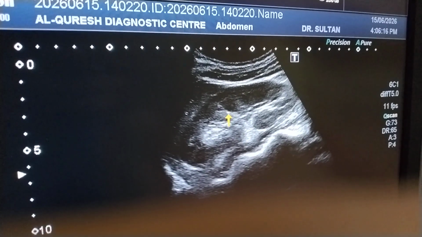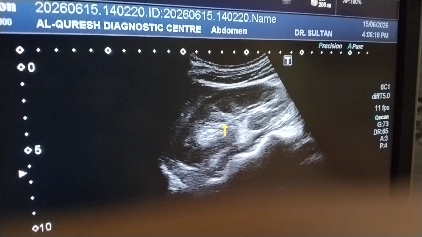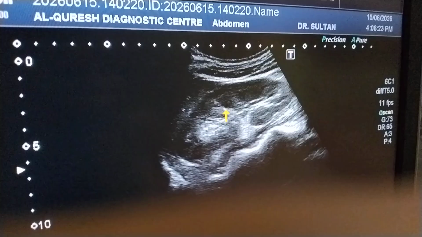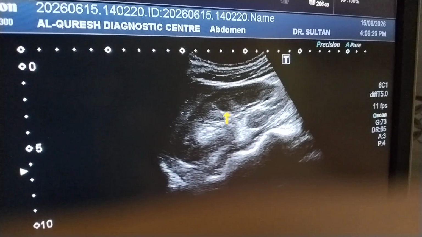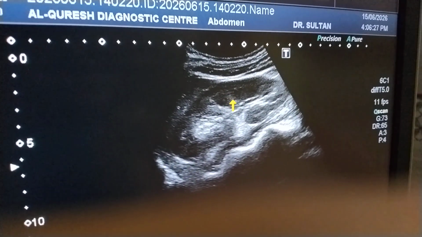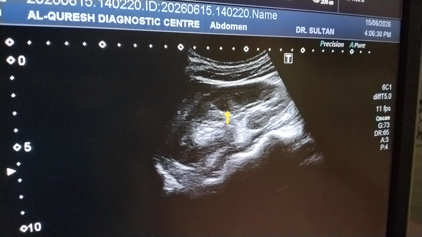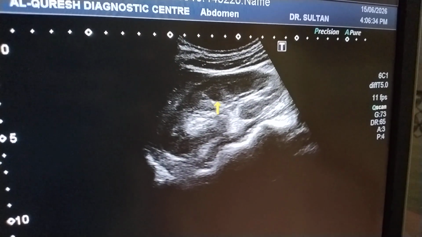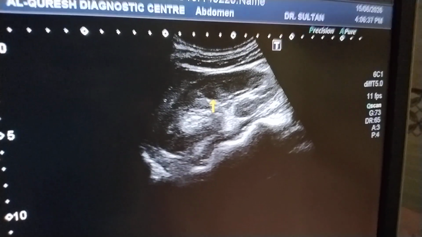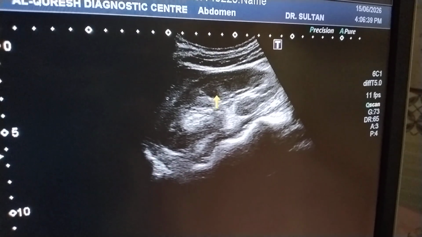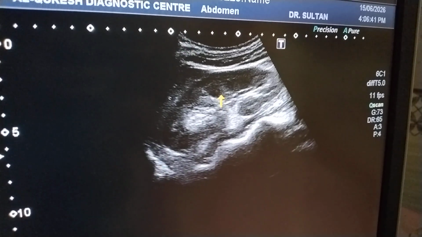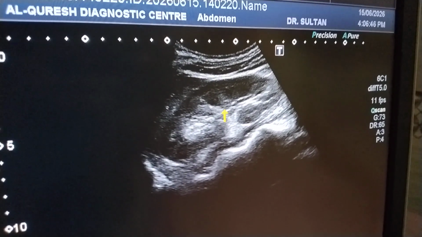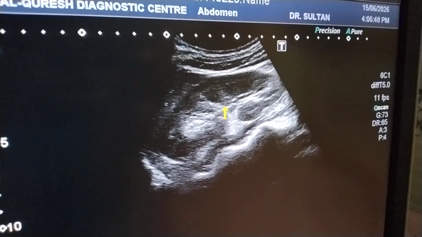Here, the calyces, which are the collecting system of the kidney, surround the apex of the pyramids, and there is an opening at the apex of the pyramid through which the urine comes from the medulla or pyramids to the calyceal system, the collecting system.